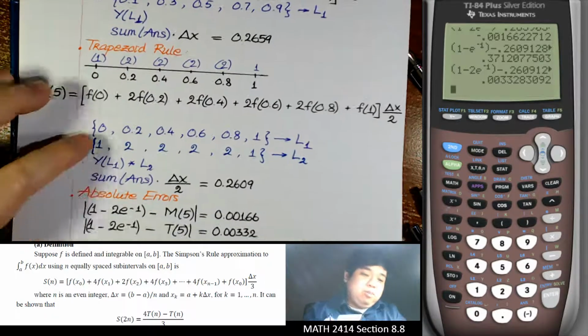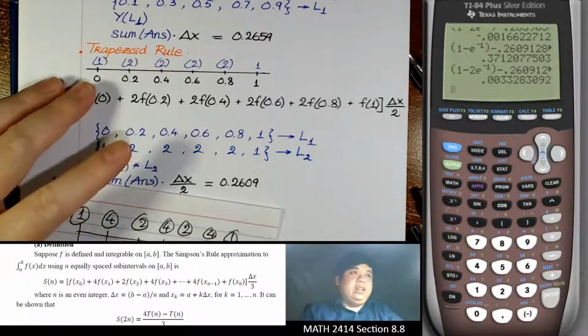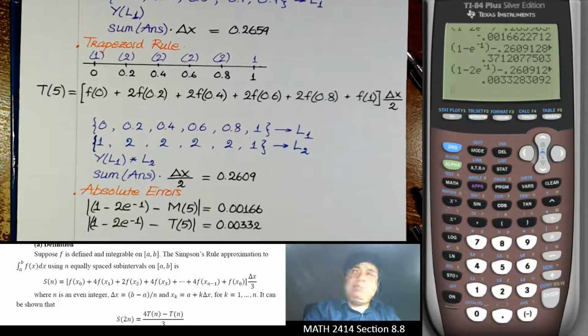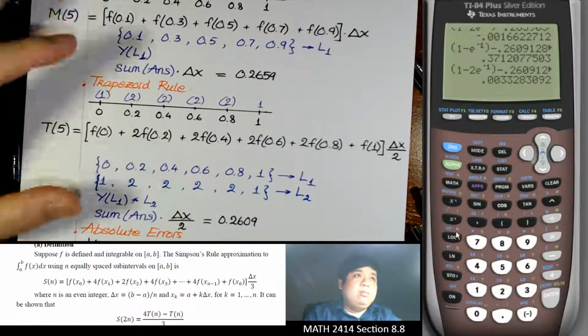So instead of using all the 2's in the middle, we use 4, 2, 4, 2, 4, 2 alternating. So that's the Simpson rule. Pretty much similar to what we have for these two rules.